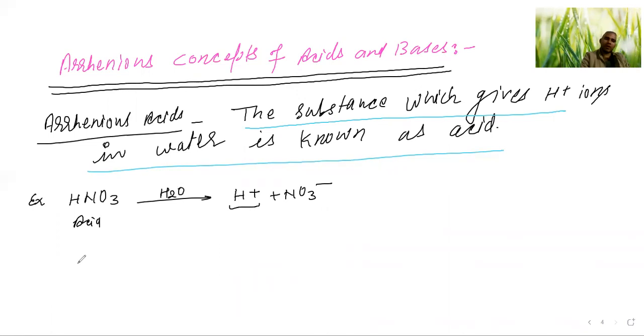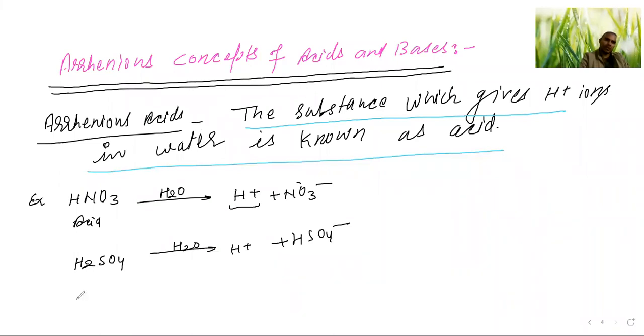If I talk about H2SO4, in water it is going to give H plus and HSO4 minus. So it is also going to be an acid. So we are studying the acid.